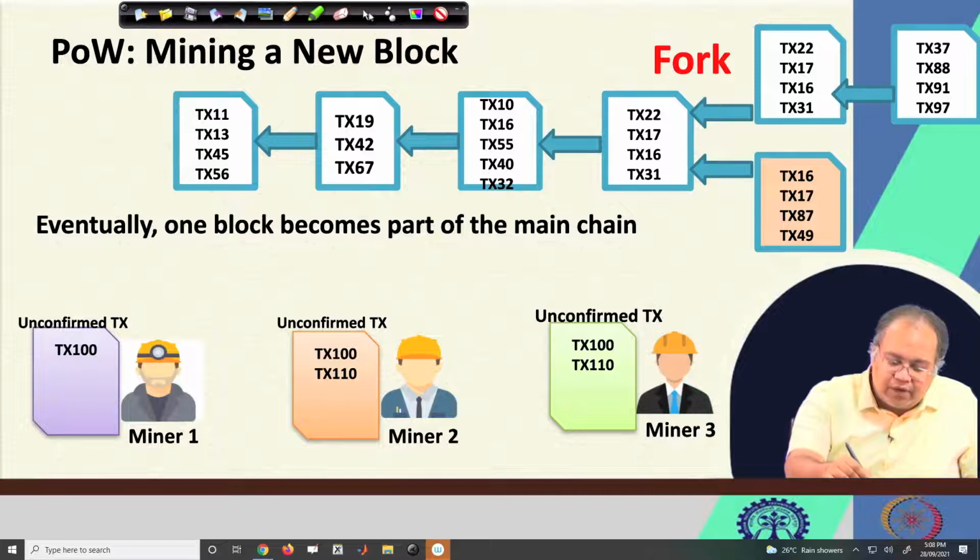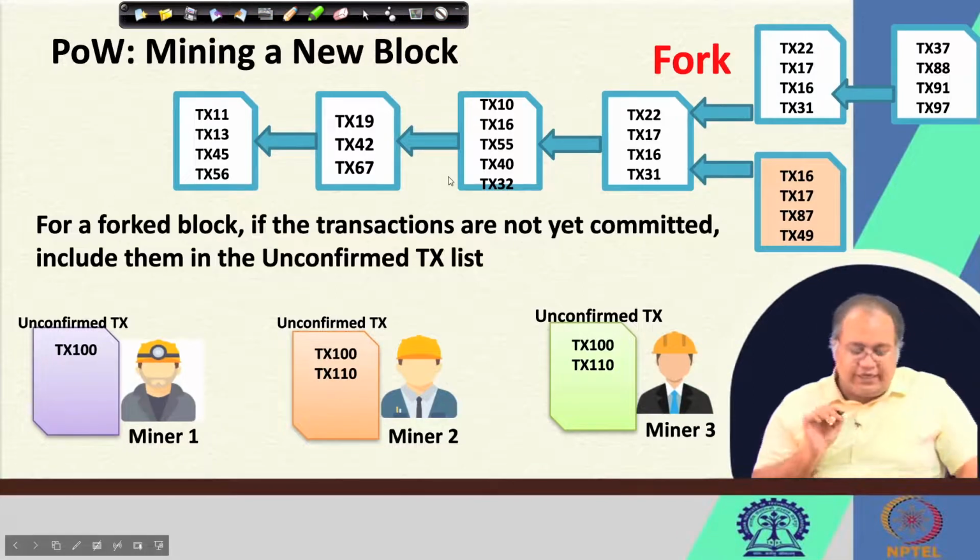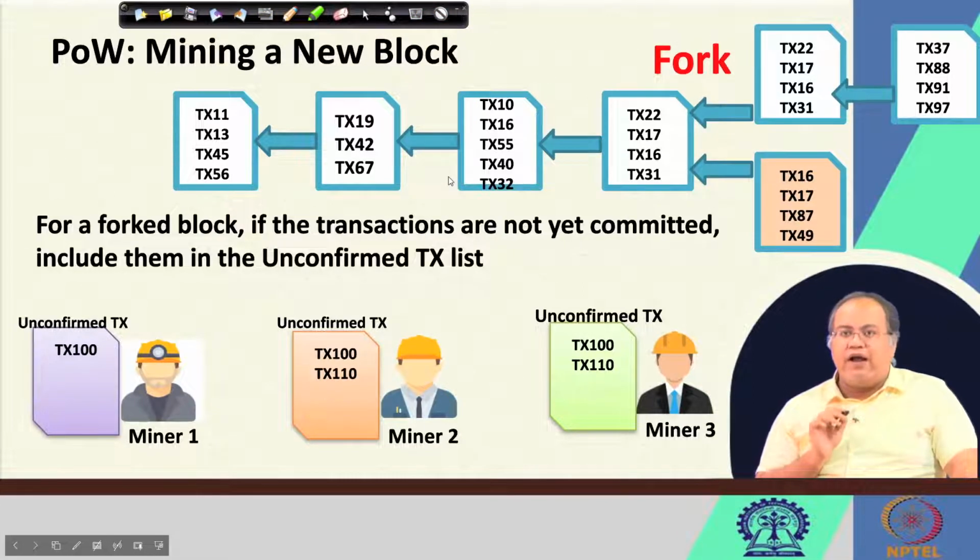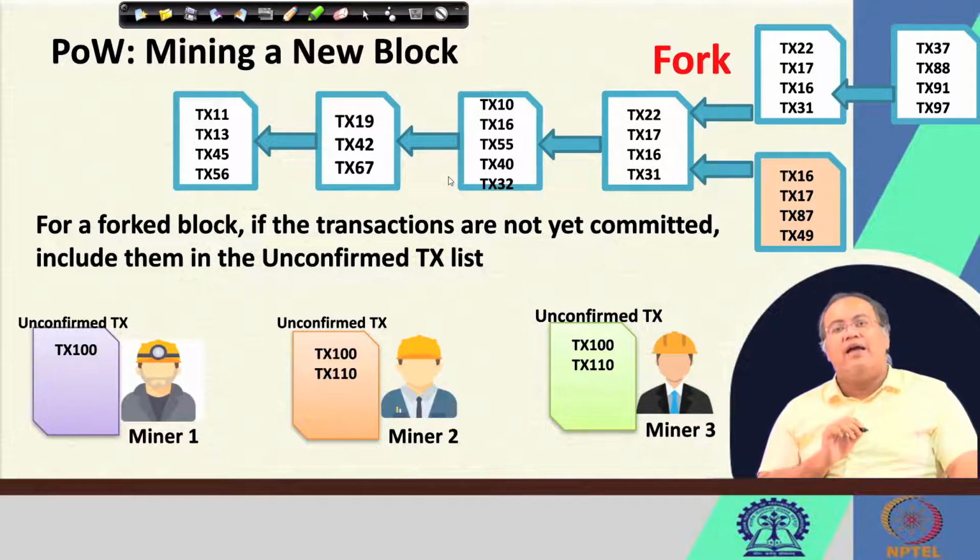Now, whenever a particular block has been marked as a fork block, the miners look into the transactions which are there in the fork block and try to see whether those transactions have already been committed or not.